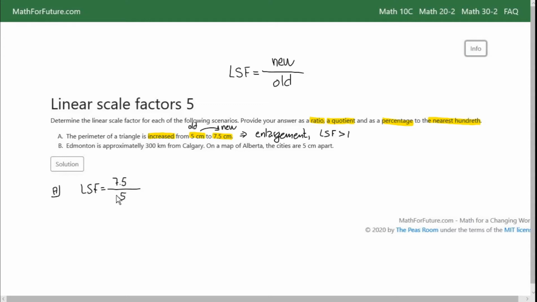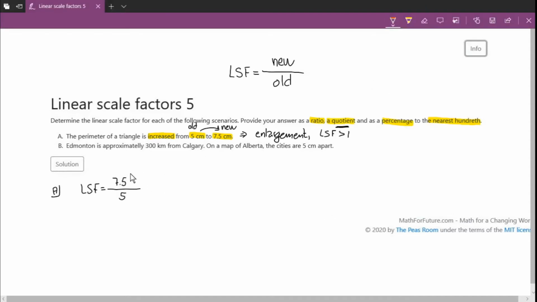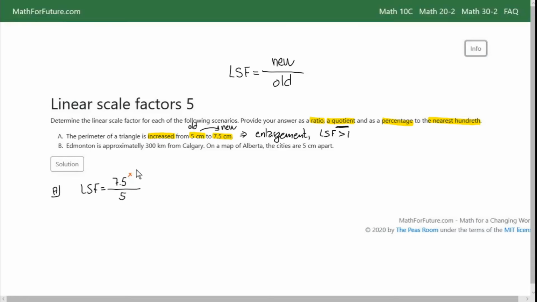Now this is a quotient, and they want us to provide an answer in 3 different formats, one of them being a quotient. However, we cannot have a decimal in a quotient, so we need to get rid of the 7.5, and this can be done in different ways, but one way would be to multiply, for example, the numerator by 2, the denominator by 2. We could also multiply numerator and denominator by 10. You would achieve the same purpose here.